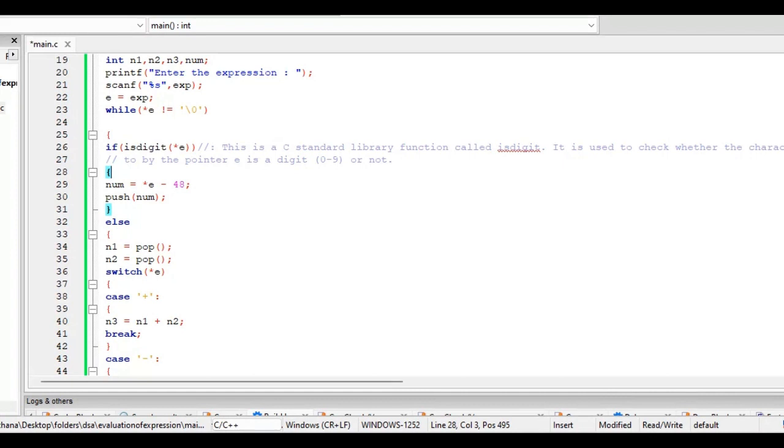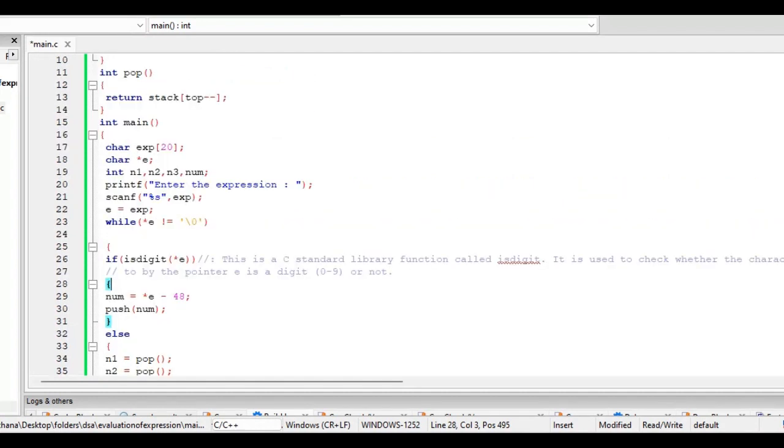So we are removing that ASCII offset and we want only the number, so we put num is equal to *e minus 48. The ASCII value starts from 48 for digits, so for getting only the number, we are using *e minus 48.